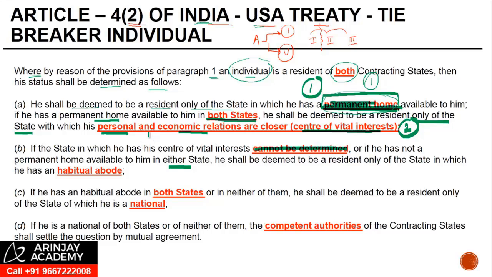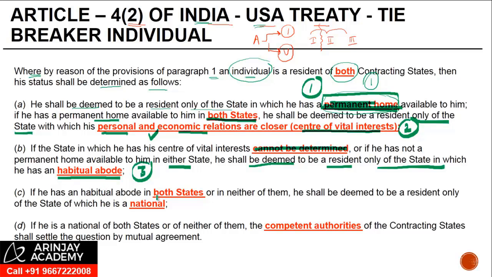But if you cannot decide this, the center of vital interest cannot be determined, or we are at a situation where he does not have a permanent home in either of the two countries, namely India and US, he shall be deemed to be a resident only of the state in which he has a habitual abode. So this is criterion number 3. Now what is the meaning of habitual abode? We are going to see that in one of the next slides.